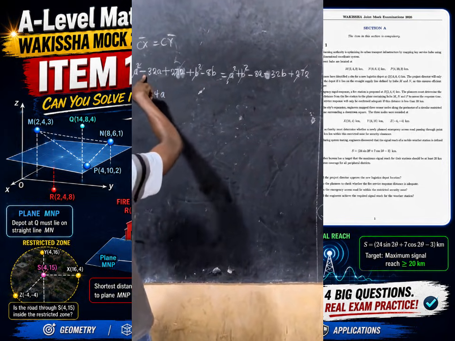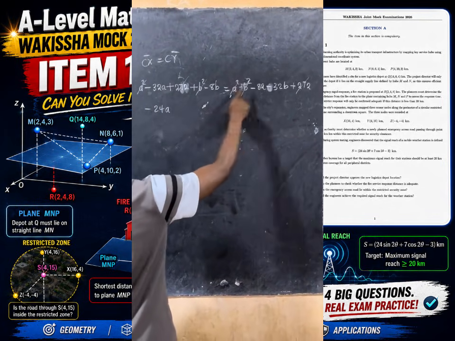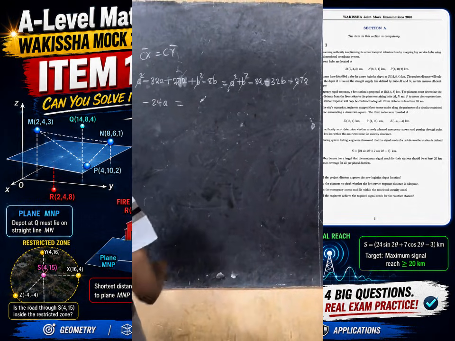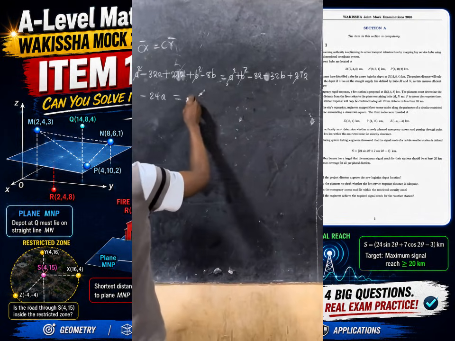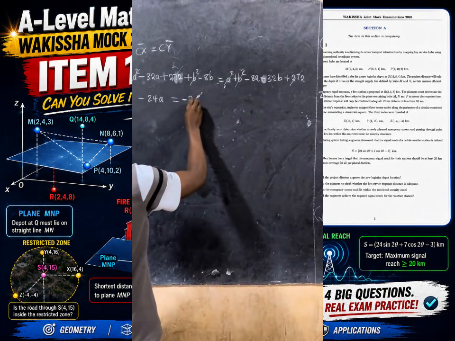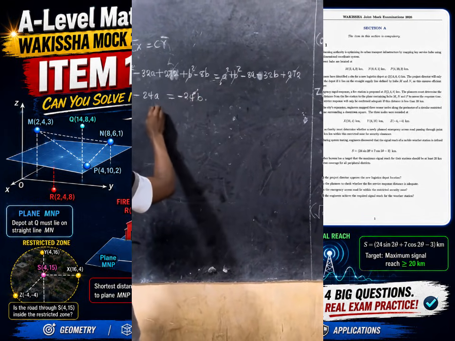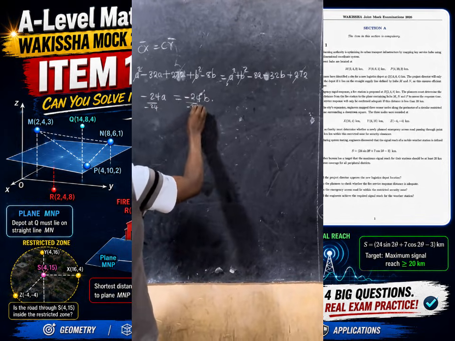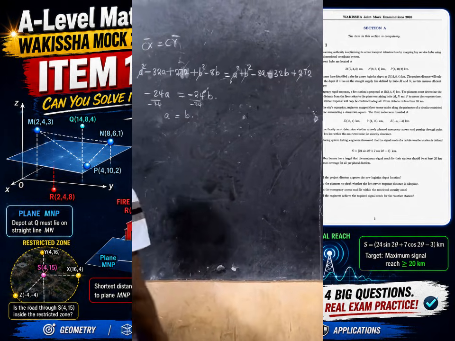Then when I take 8b to the other side, I'll have negative 32b plus 8b, which is going to be a negative 24b. Dividing through by negative 24, this implies that a is equal to b.